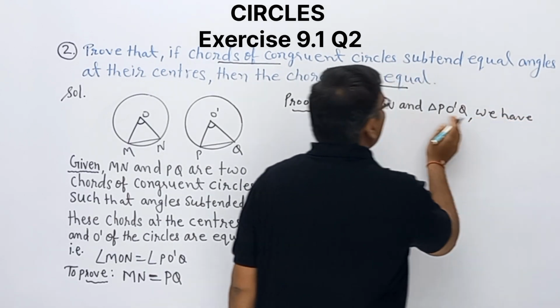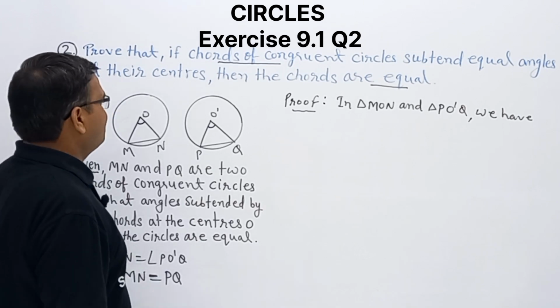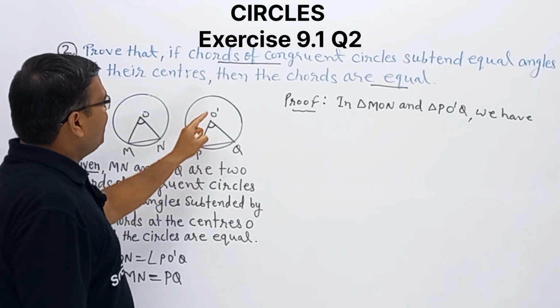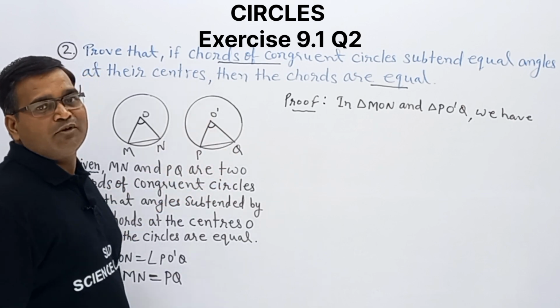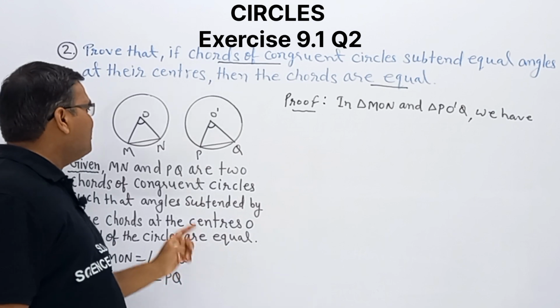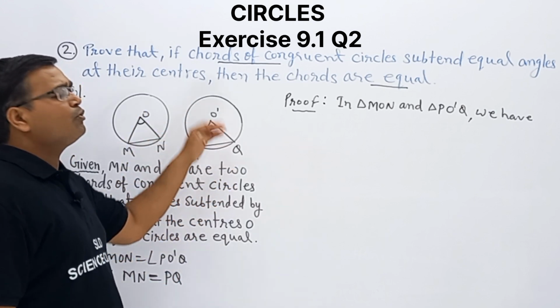We want to prove congruence of these two triangles. In these two triangles, MO, NO, PO' and QO' are radii, and both circles are congruent. It means MO equals NO equals PO' equals QO'.